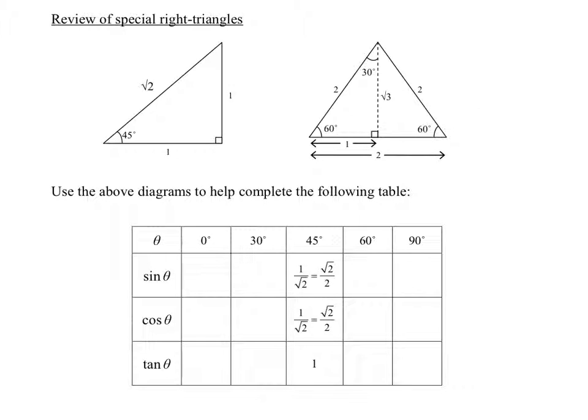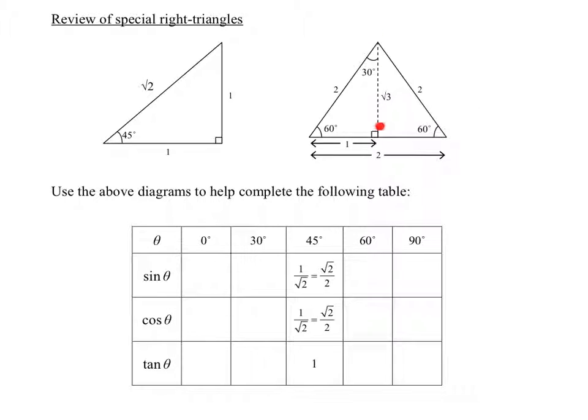Now, this drawing over here is a little bit more complicated. Basically, it's an equilateral triangle with each of the sides being 2, 2, and 2. However, we've split this triangle up into 2 equal triangles by putting a line through the middle. If we put a line through the middle, then this distance here, instead of being 2, is just 1. We have a right angle there.